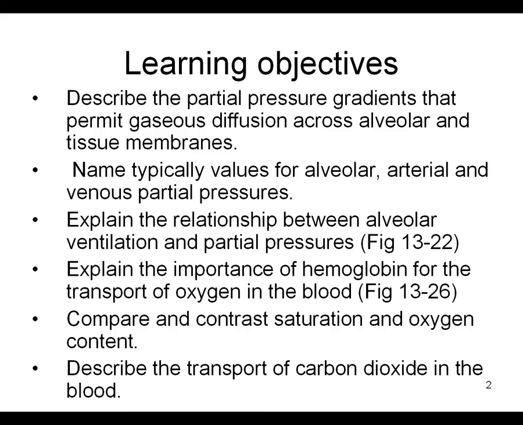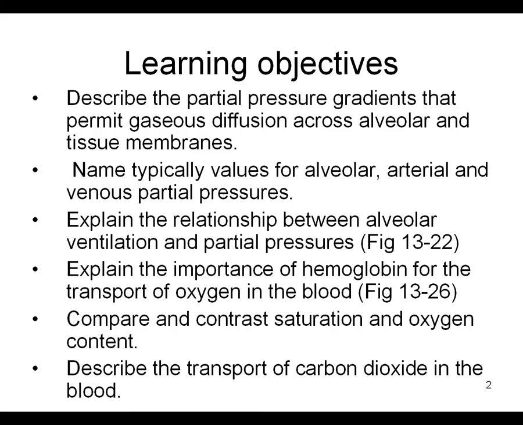Then we have one of the most important diagrams in this chapter, figure 13.22. I want you to be able to explain the relationship between alveolar ventilation and partial pressures. Then we're going to talk about hemoglobin and how hemoglobin is really responsible for the major content in your blood.